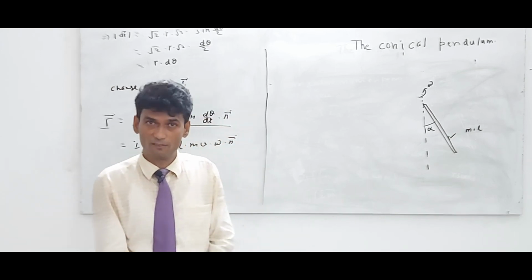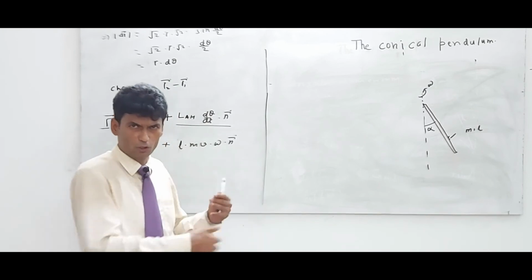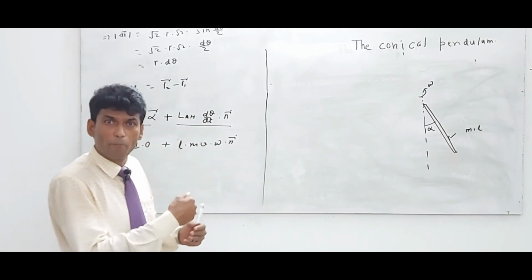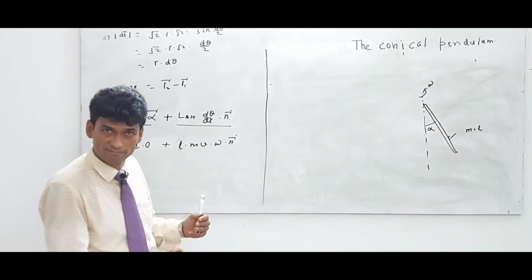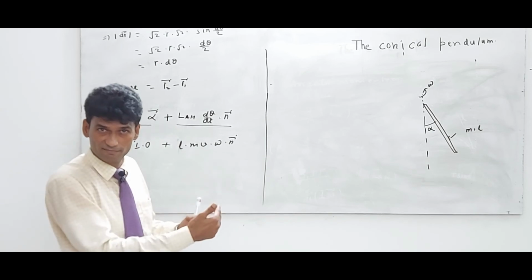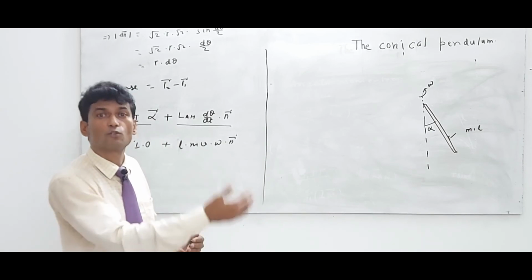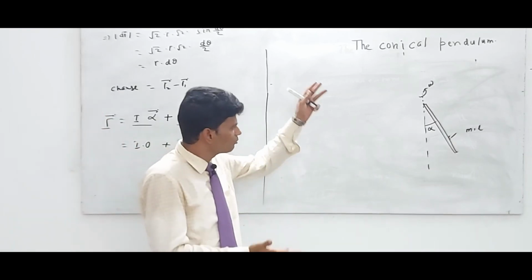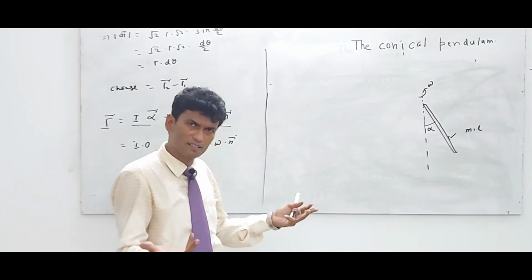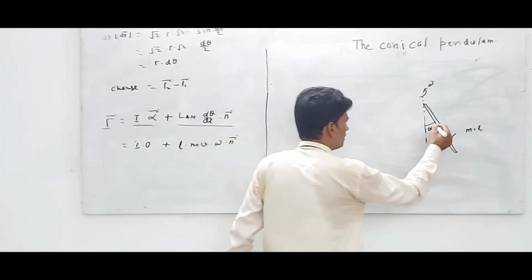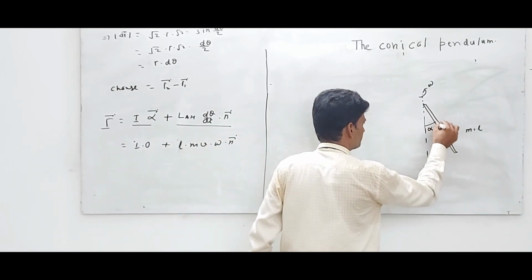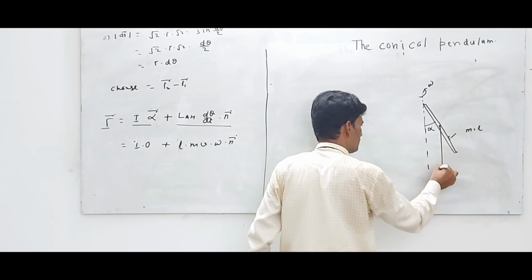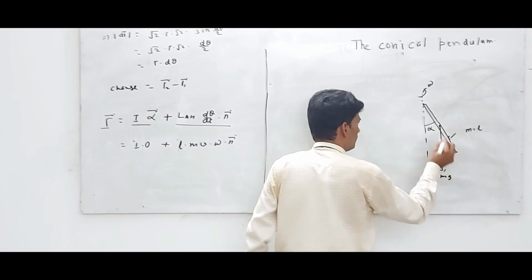Firstly, we want to find the torque due to the weight, the force of gravity acting on this rod of mass m. The rod is uniform, so we take the center of mass. Here is the center of mass. Here is the mg.